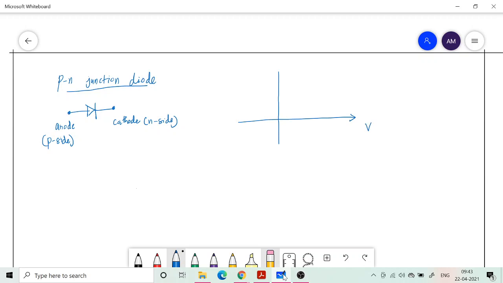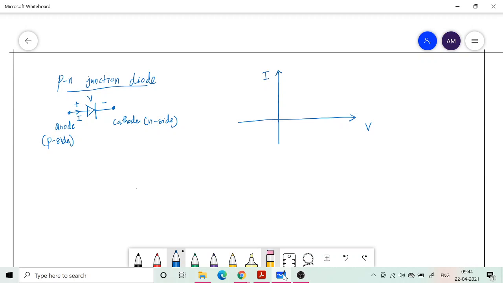Voltage, if I plot on the horizontal axis, and current I plot on the vertical axis, I have what is called as the IV characteristics. So for diode, since it is a two-terminal device, you can define a voltage like this, and you can also define a current which is passing through it.